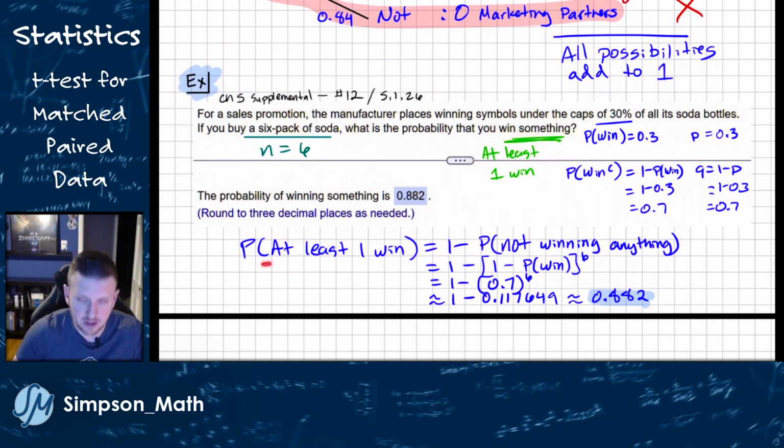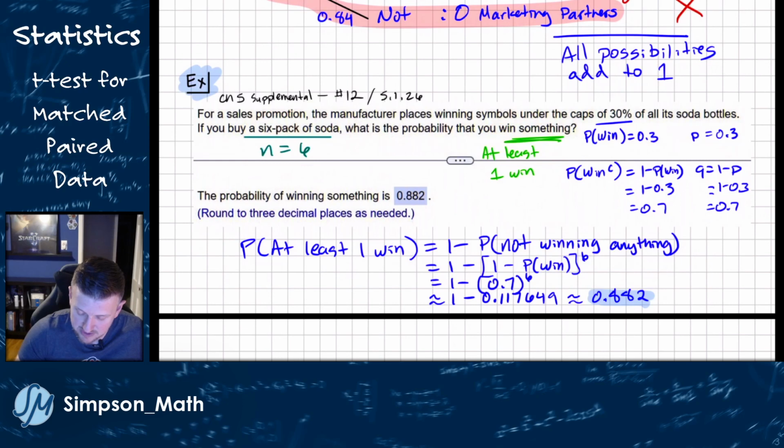So look here. The probability of at least one win is going to be 1 minus the probability of not winning anything. Well, what's the probability that I don't win anything? The win complement, or Q, is 0.7. I'm going to skip over the second line because I think that math is a little bit weird looking.